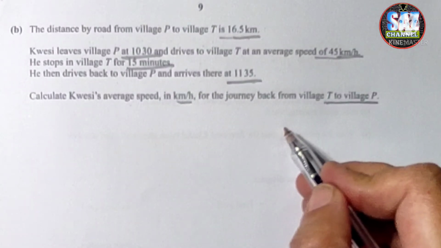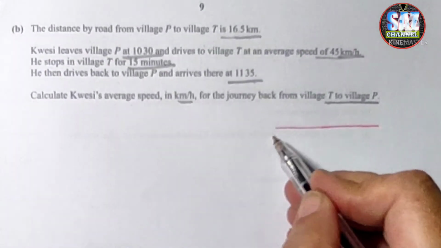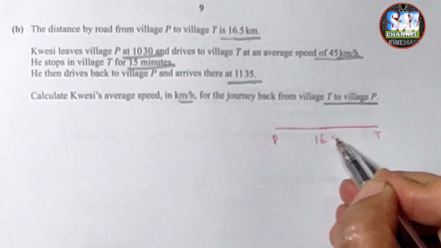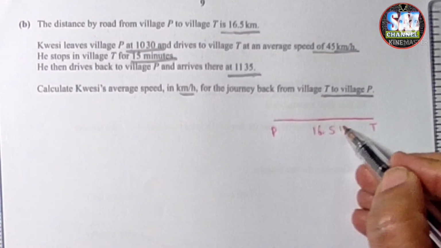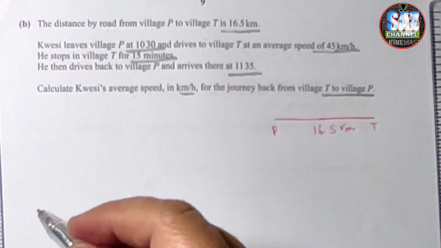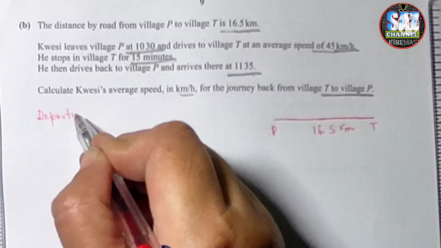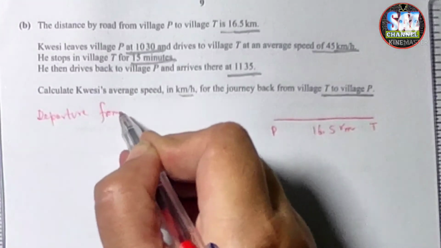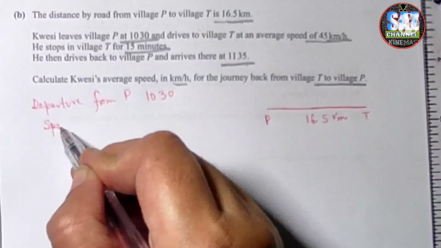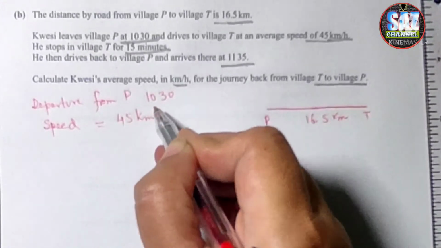The distance between P and T is 16.5 kilometers, and departure from P is 10:30, and the speed which is given is 45 kilometer per hour.